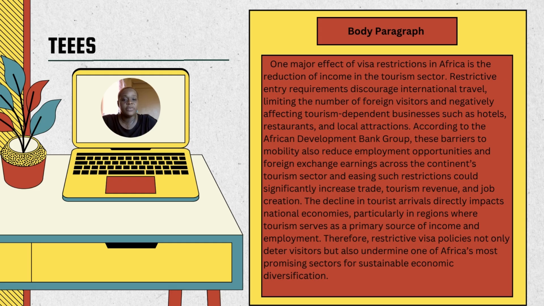The decline in tourist arrivals directly impacts national economies, particularly in regions where tourism serves as a primary source of income and employment. Therefore, restrictive visa policies not only deter visitors but also undermine one of Africa's most promising sectors for sustainable economic diversification.